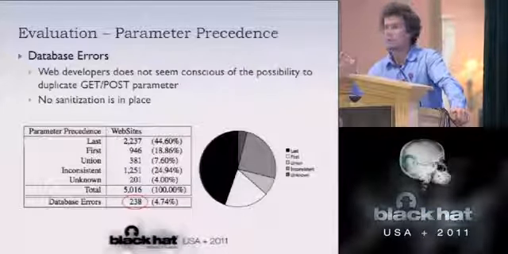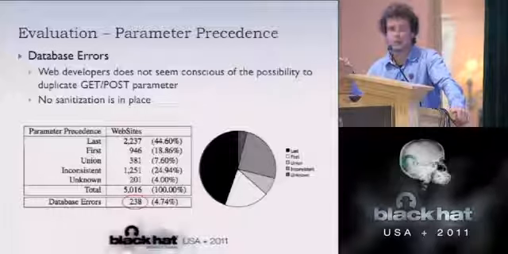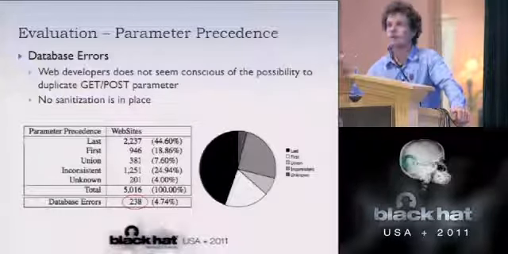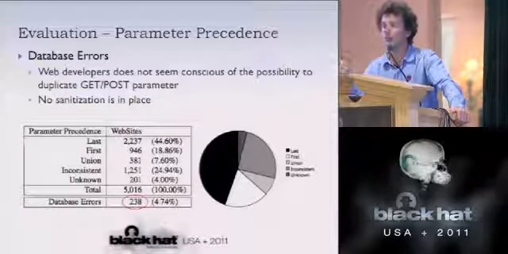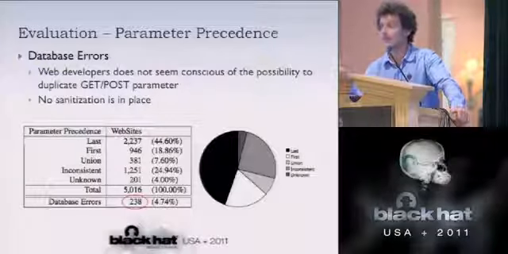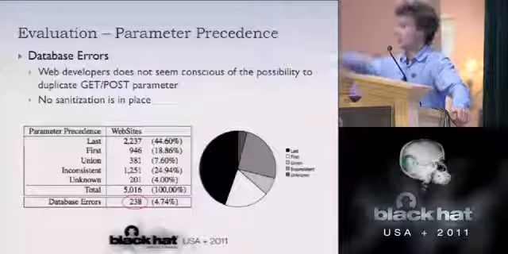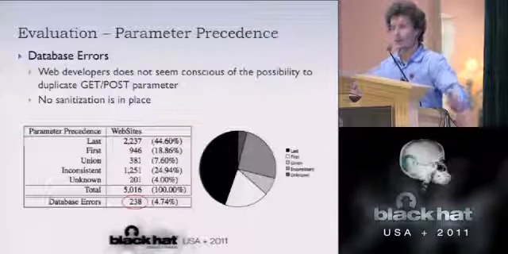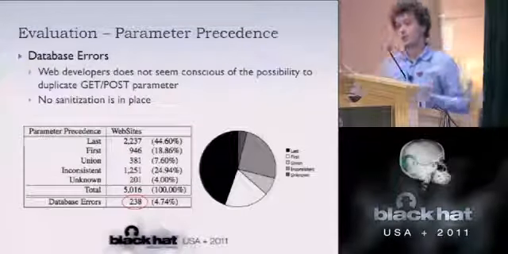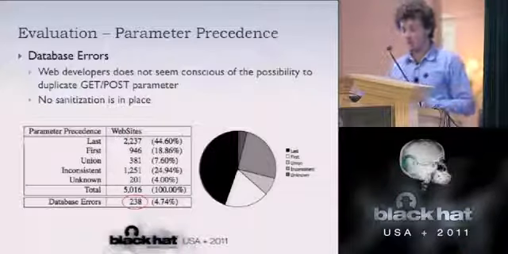Suppose you have an application, for example in Python, where if a parameter is duplicated, you end up with a list. In that case, if this parameter is used to make a query to the database, if you have a list, you have an error. So you end up with something like this.